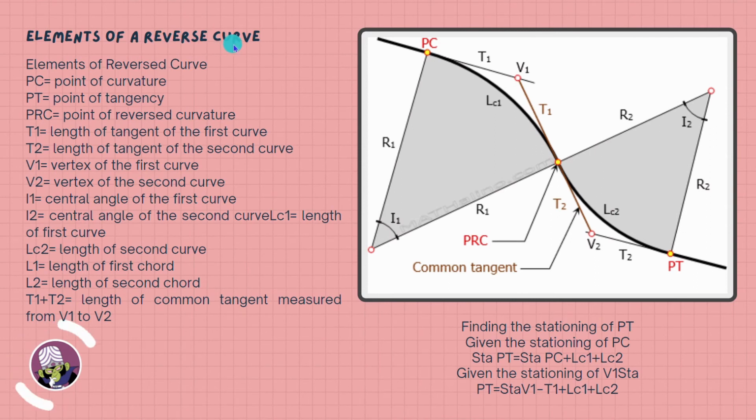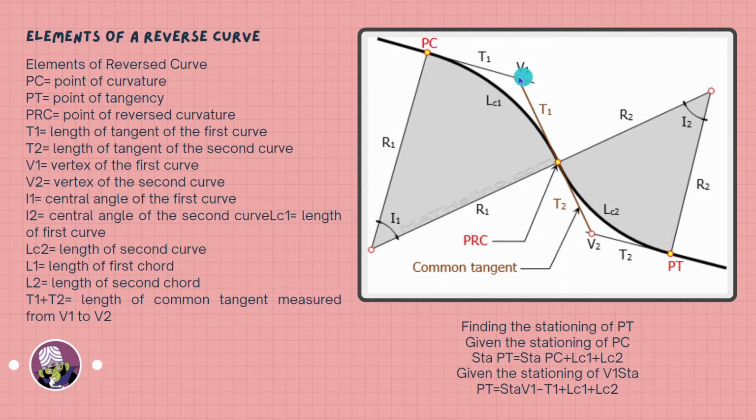Elements of a reverse curve. PC is equal to point of curvature, PT is equal to point of tangency, PRC is equal to point of reverse curvature, like I said in the previous slide. T1 is the length of tangent of the first curve from PC to the first vertex to the PRC.